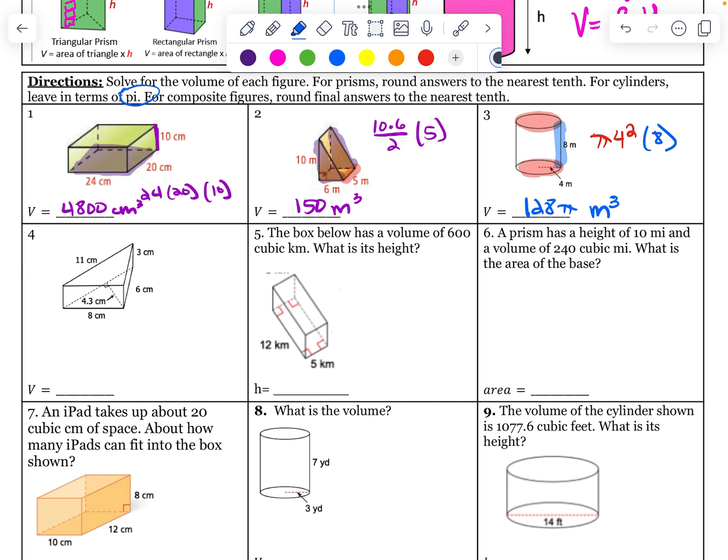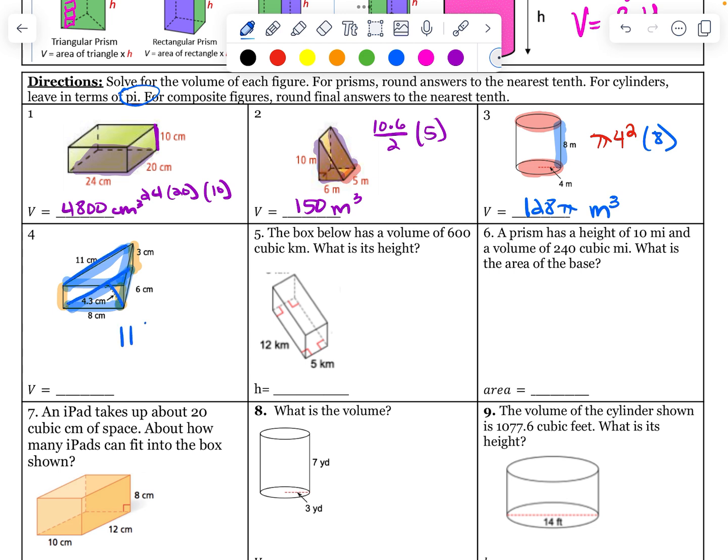Another challenging one because it's a triangle. These just get us, man. So the bases are my two triangles. My height is 3, the distance between the two triangles. All right, so area of the base, 1/2 base times height. Base is 11.